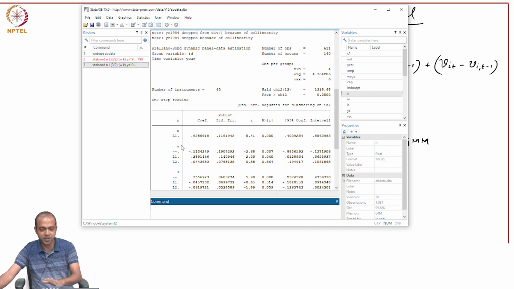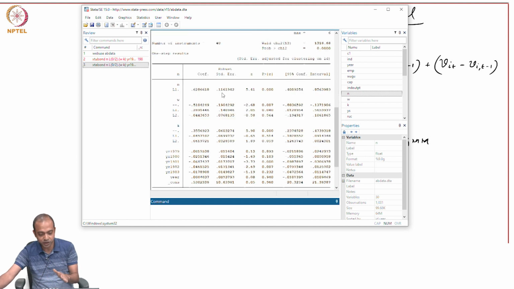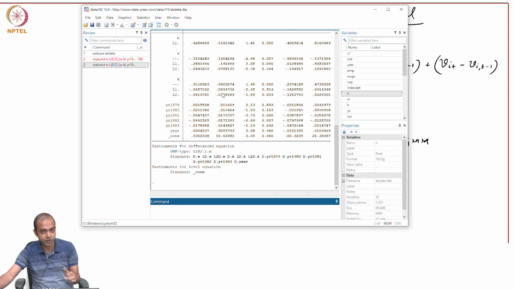So, this is basically, in short, the Arellano-Bond 1991 model we have estimated, and we have 40 instruments over here, and we have also explained that out of these 40 instruments, 12 we are getting from the standard instruments from the exogenous variables, and if you count it 1, 2, 3, 4, 5, 6, 7, 8, 9, 10, 11 and 12.